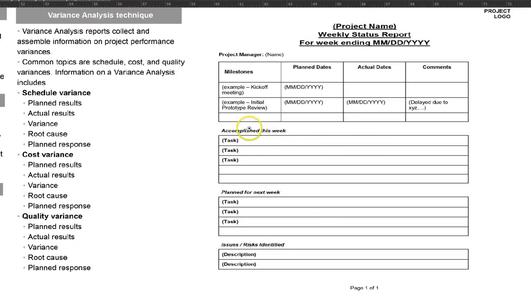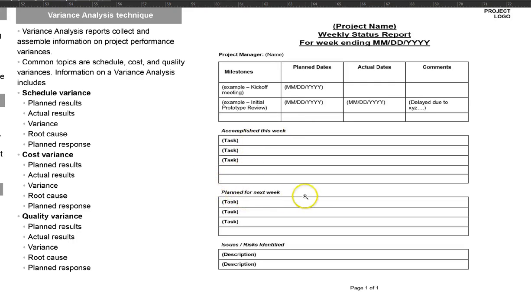So what did we accomplish in this week? Now this looks like a weekly status report. It can be a weekly, it can be a bi-weekly or a monthly status report, depending on the project, depending on the organization, depending on what's in the contract. So what we accomplish this week, you'll name the task.